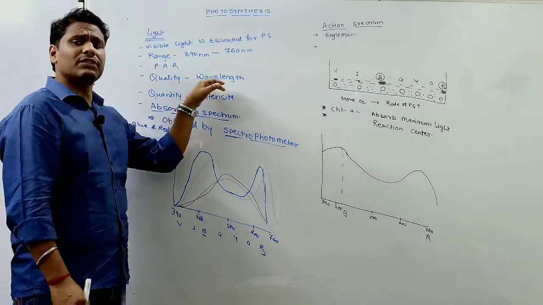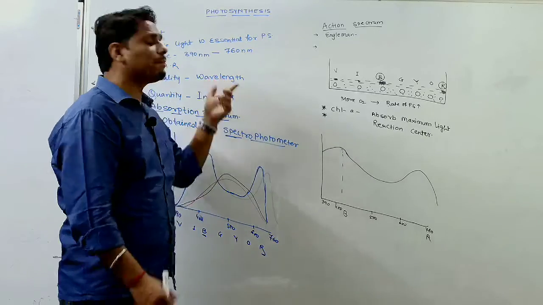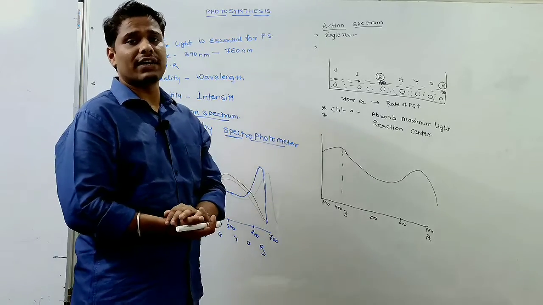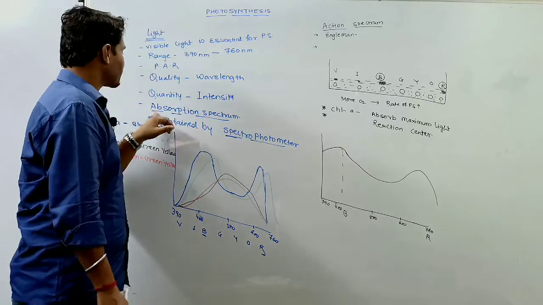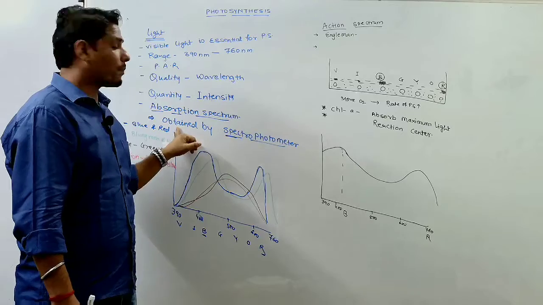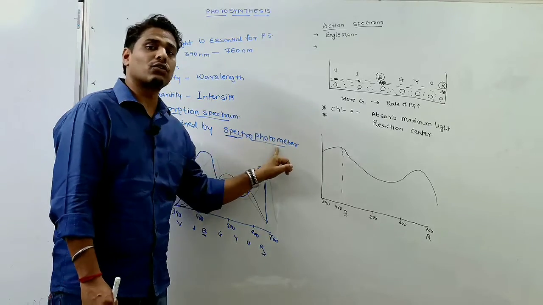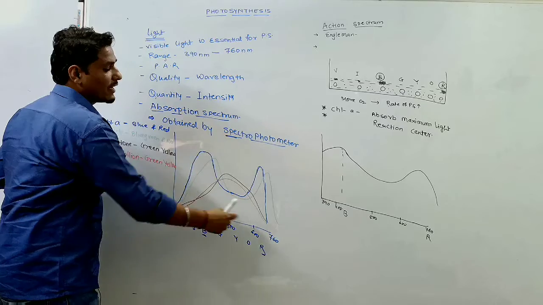Different photosynthetic pigments absorb different wavelengths of light. The absorption spectrum is obtained by a spectrophotometer, and the result is represented by a graph.